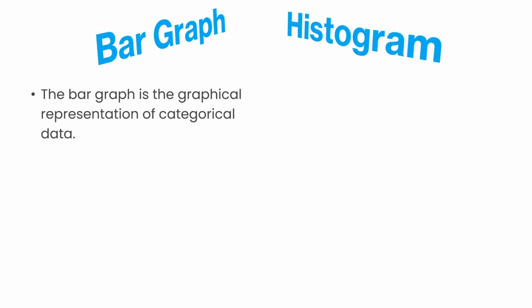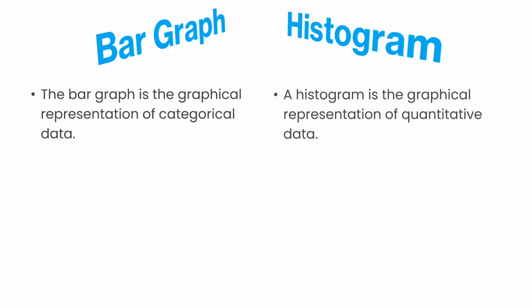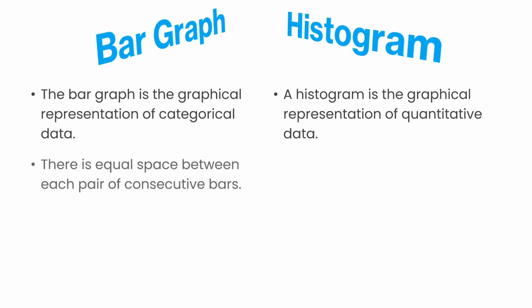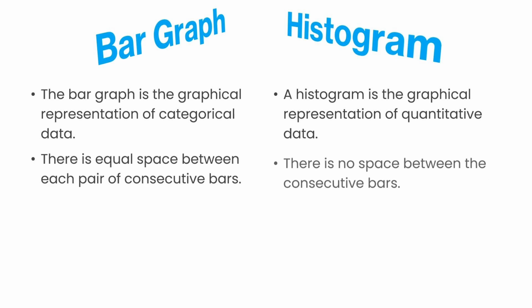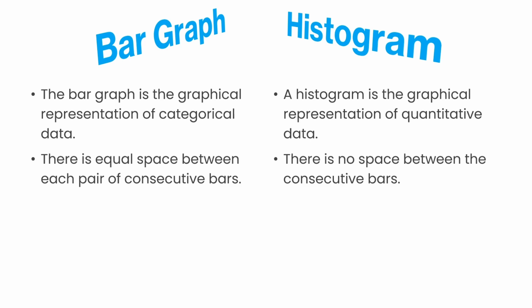The bar graph is the graphical representation of categorical data, qualitative data. A histogram is a graphical representation of quantitative data. The second comparison, in the bar graph, there is equal space between each pair of consecutive bars. But in a histogram, there is no space between the consecutive bars.